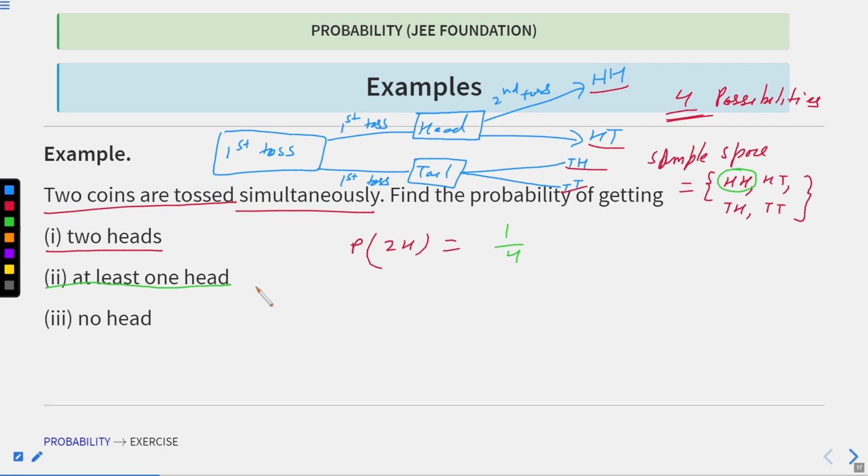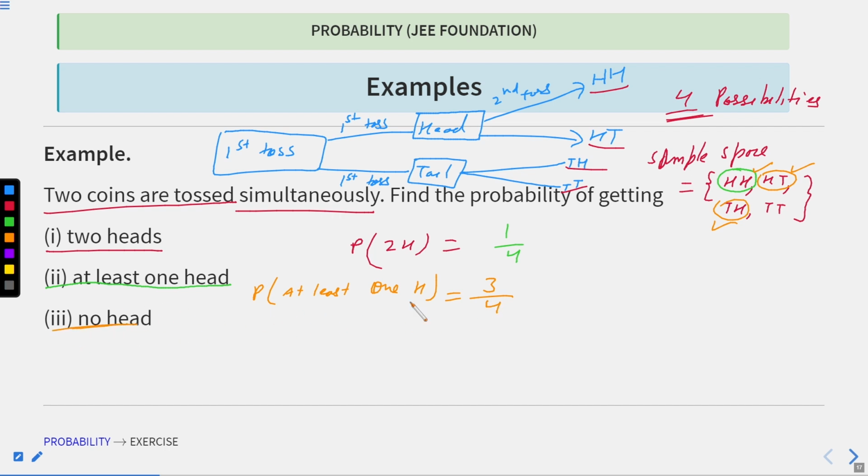Here we have one head, here also at least one head, and here also. So the number of favorable cases is 3 divided by 4.